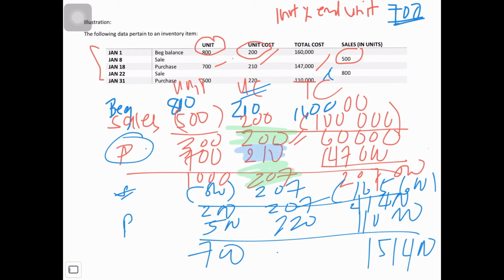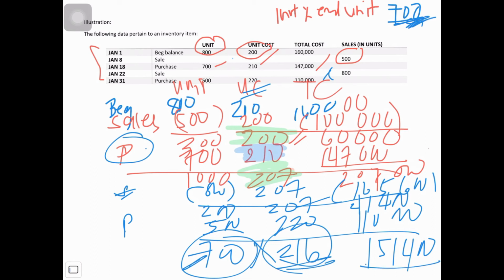Round off ni siya guys na unit cost. So see, ang 700 na to, times atong unit cost na 216. So mo niya ato ang inventory end sa year end. Inventory end, which is our current asset also. So that is weighted average, guys. That is weighted average method.